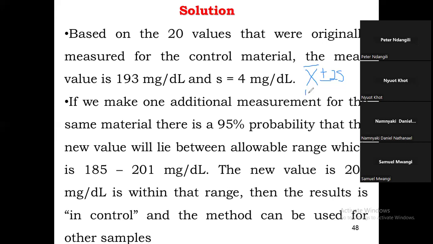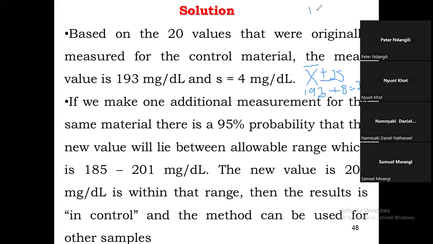193 plus 2 standard deviations. You know, standard deviation is 4, so it is plus 8. And this gives you what? 201. And what is the lower limit?